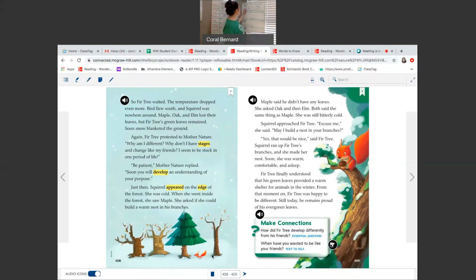Let's write that down. Fir Tree wonders why he doesn't have stages.